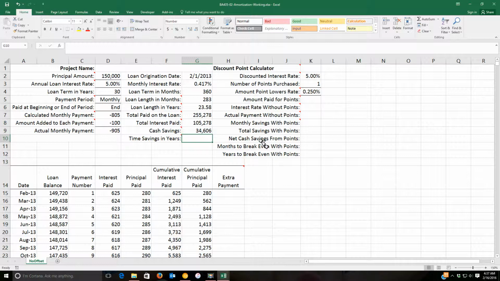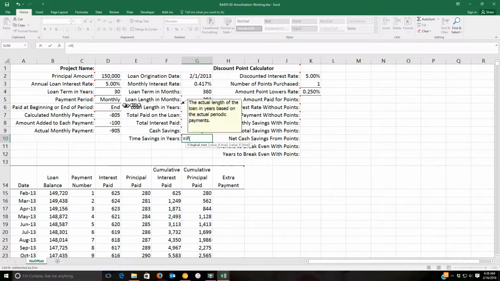So we'll take a look again and see if the value in D5 equals yearly. If it does, then we'll go ahead and take D4 and subtract it from the number of years we actually paid on the loan, which would be right here. If it was years, this would say loan length in years.